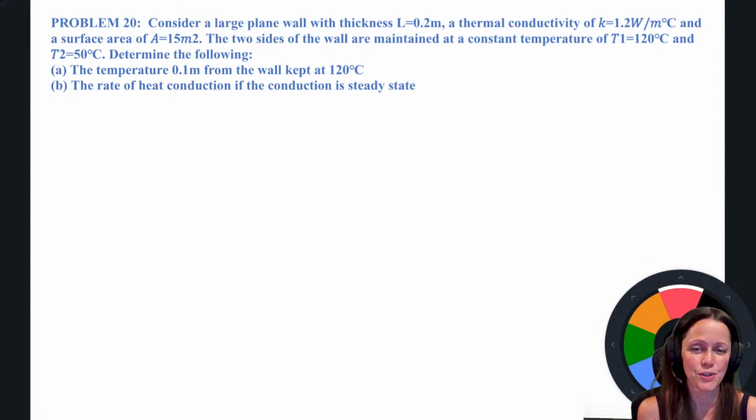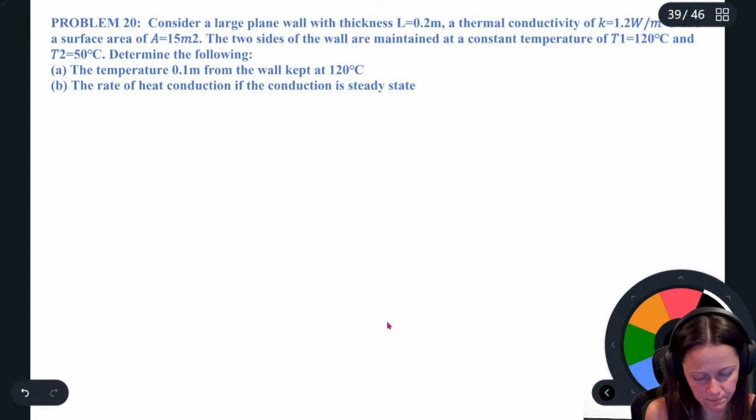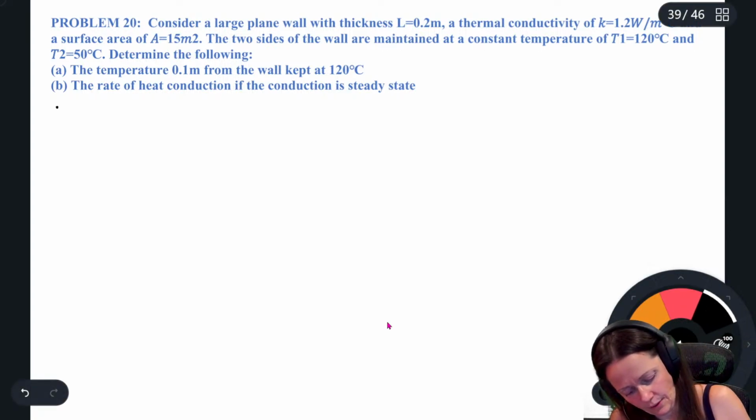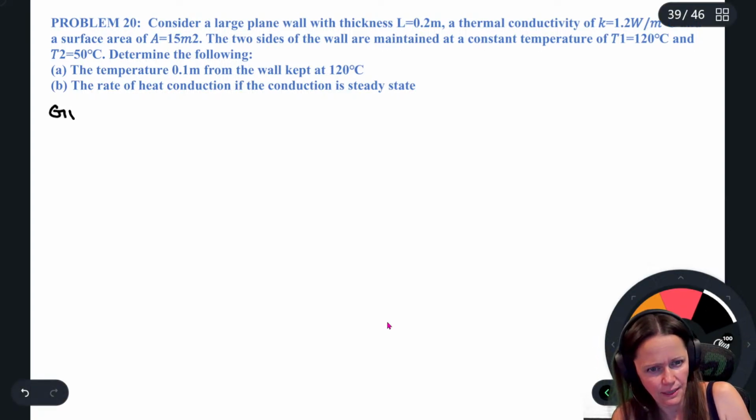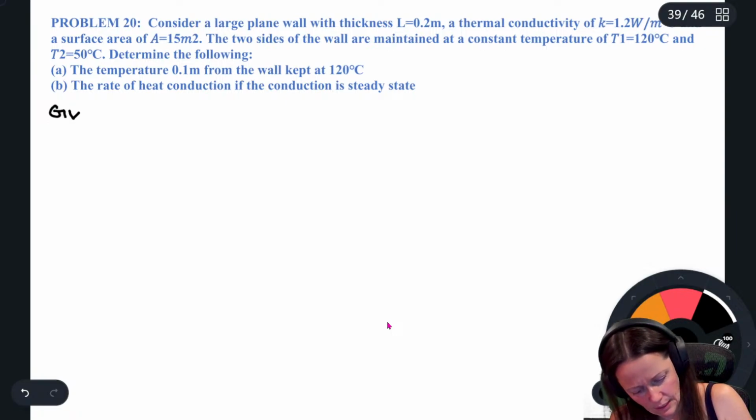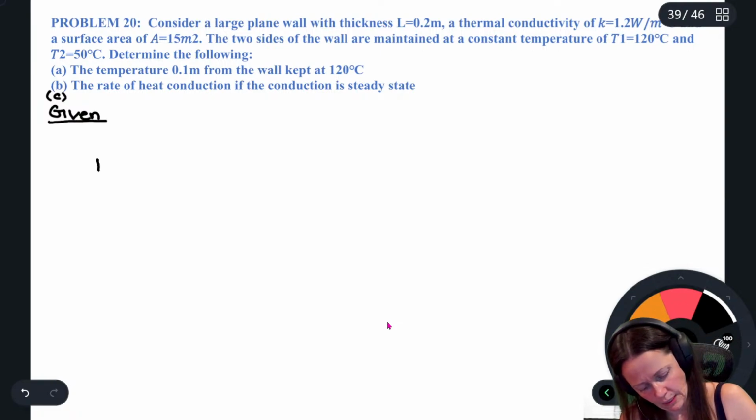All right. So we have a large plane wall. Let's go ahead and at least draw things out.